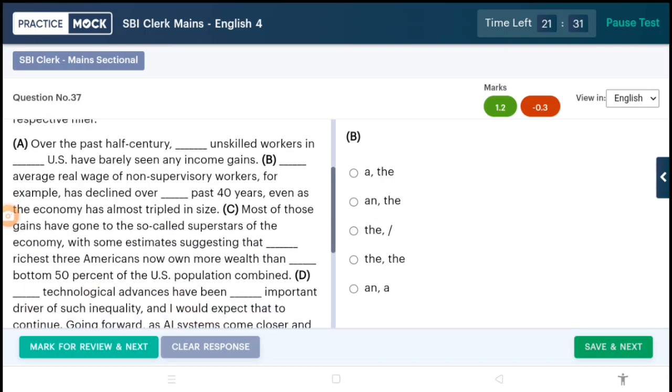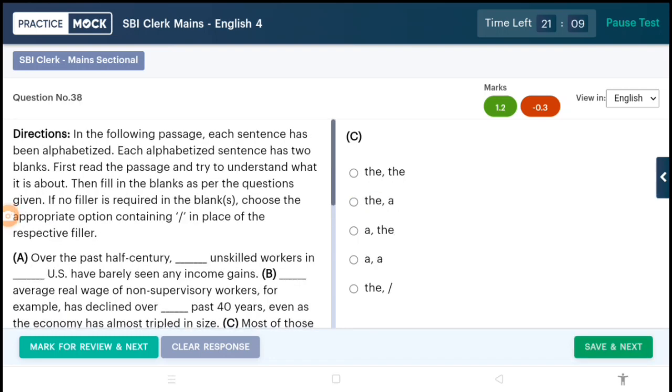Next, in the US, income gains dash average real wage of non-supervisory workers, for example, has declined over the past 40 years.